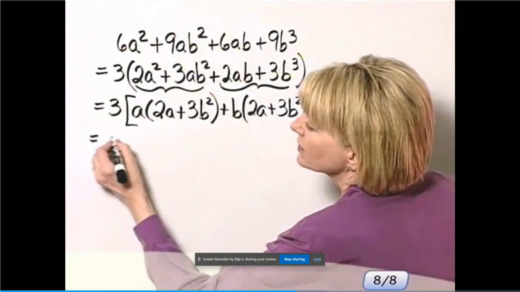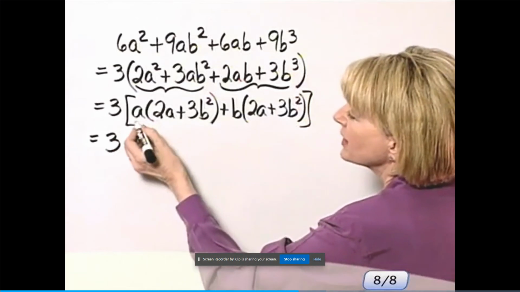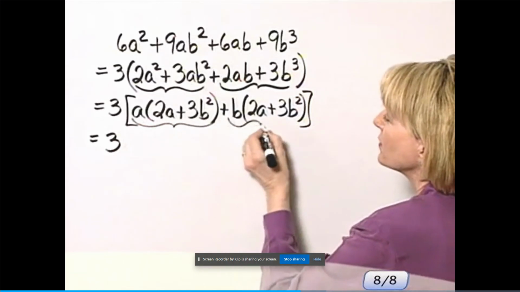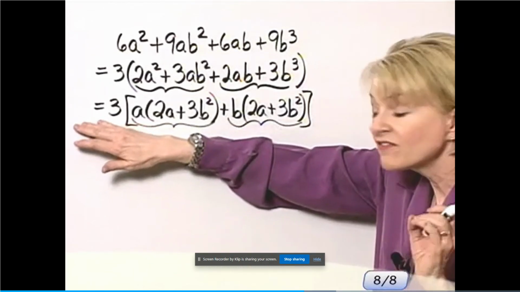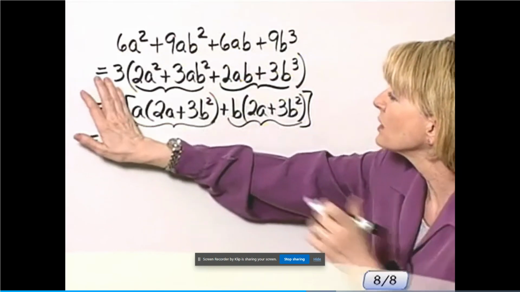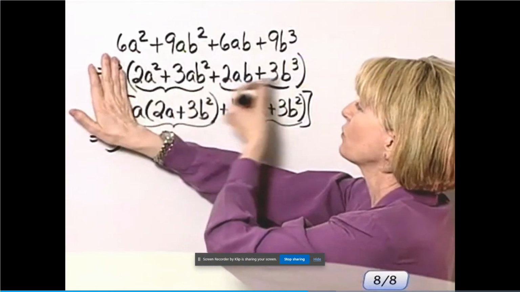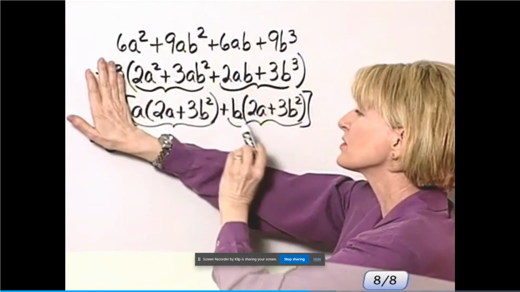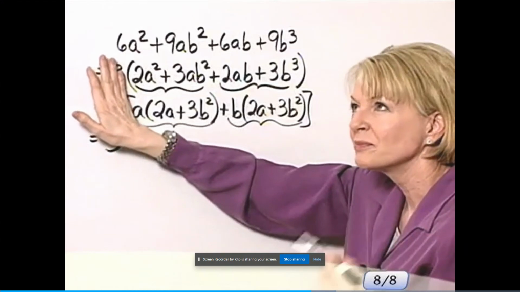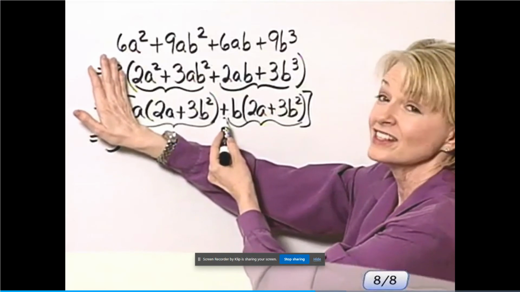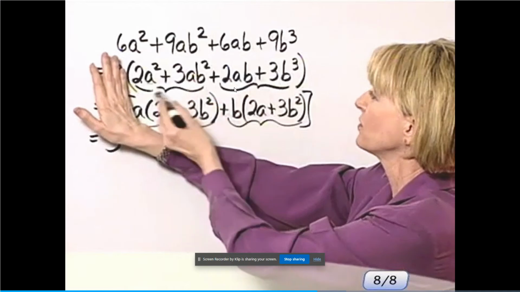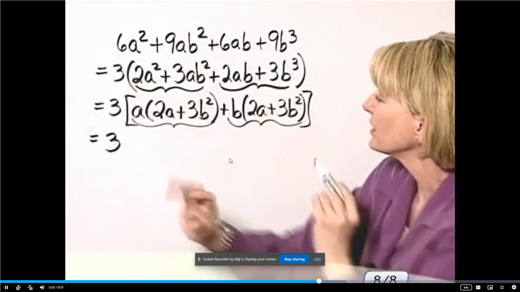Now, still write the 3 down and concentrate on these two groups. By the way, at this point, have I factored the original polynomial or have I factored this four-term polynomial? The answer is no, because remember, factoring means writing as a product. And notice this is still addition, so I haven't factored this yet. But let's continue.